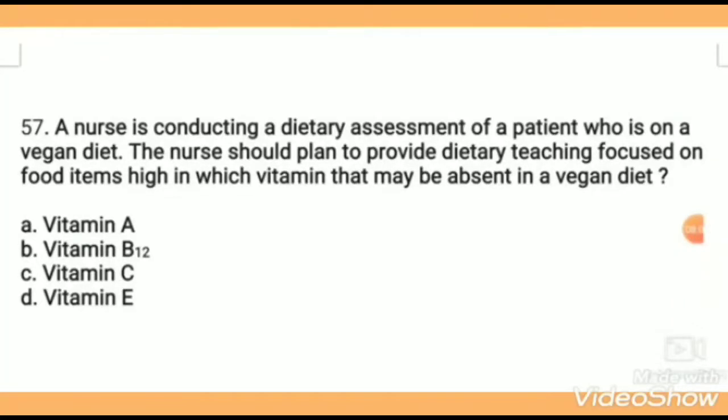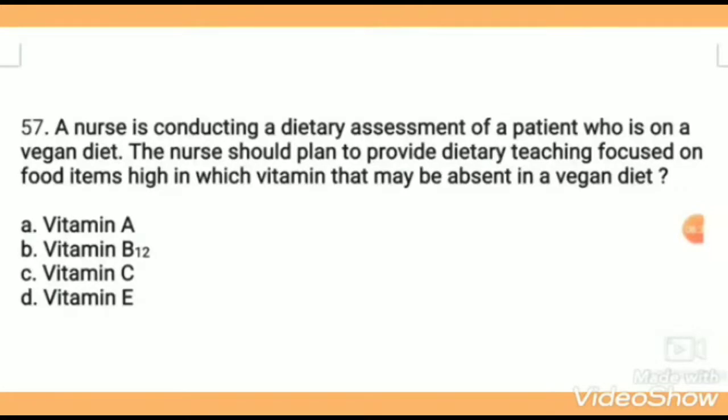A nurse is conducting a dietary assessment of a patient who is on a vegan diet, that is vegetarian diet. The nurse should plan to provide dietary teaching focused on food items high in which vitamin that may be absent in a vegan diet? Vitamin A, vitamin B12, vitamin C, or vitamin E?